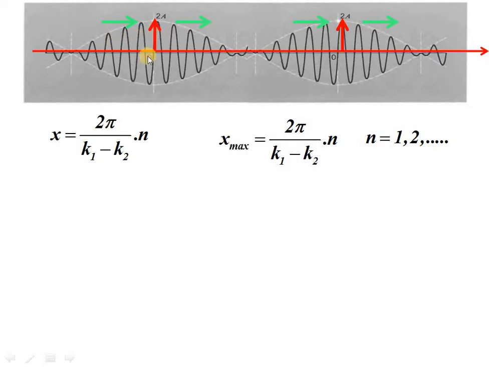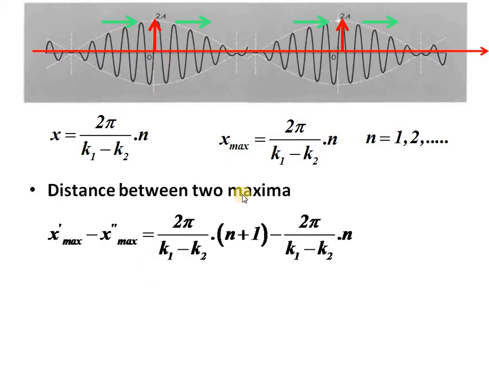So you can take any two adjacent points, for example the first two maxima. For any two maxima, you take the first one as n and the next point as n plus 1. You subtract the first from the second and you get the distance between adjacent peaks, or adjacent antinodes.